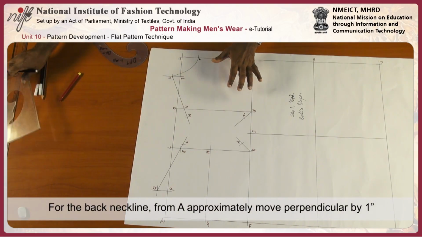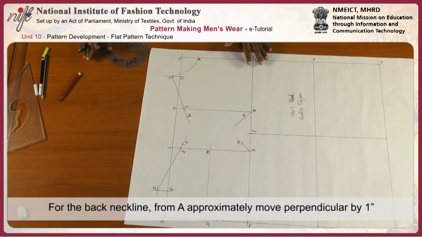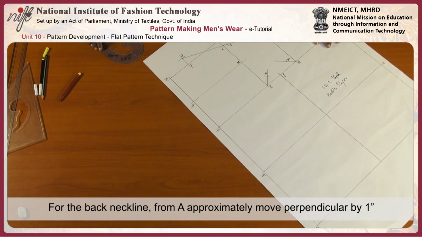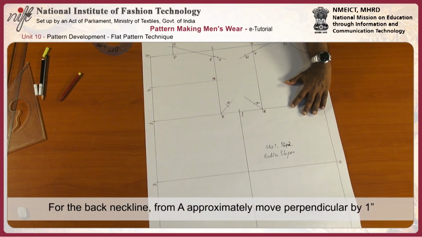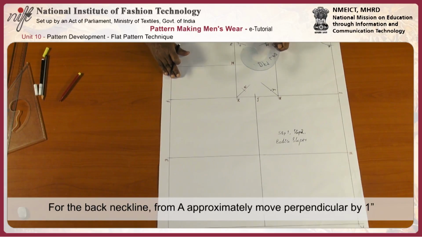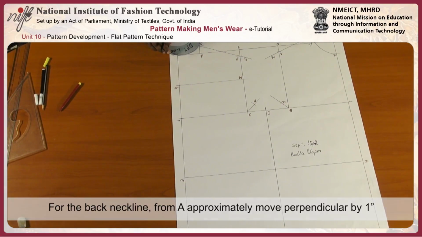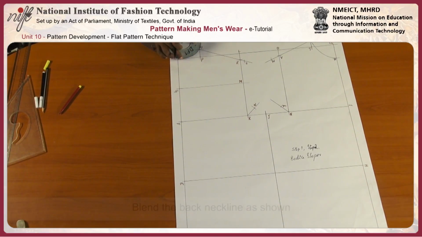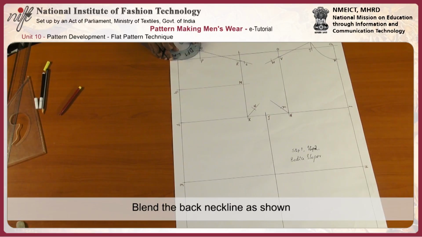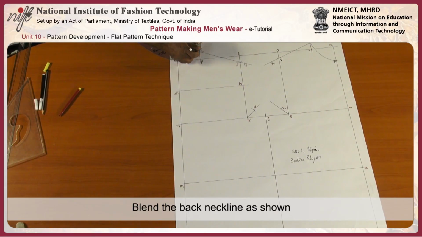Then moving to back neckline, from point A approximately move perpendicular by 1 inch. See, here it should be straight for about an inch, then blend the back neckline.